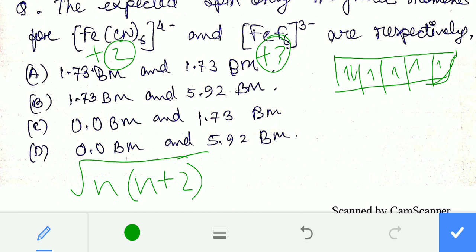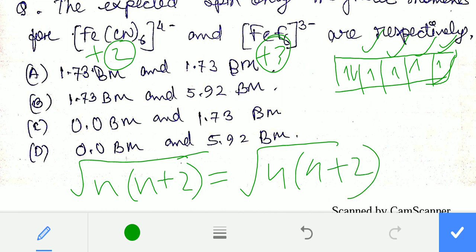Now here, as you can see, in Fe2 plus there are four single electrons. So if you put the value 4 in this equation, 4 into 4 plus 2, the value comes out to be something around 4 point something. So simply this does not exist in any of the options, as you can see.